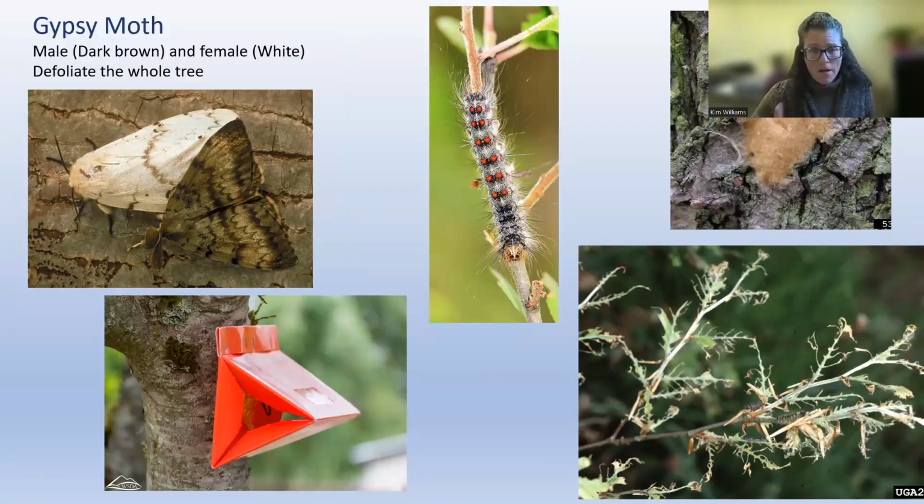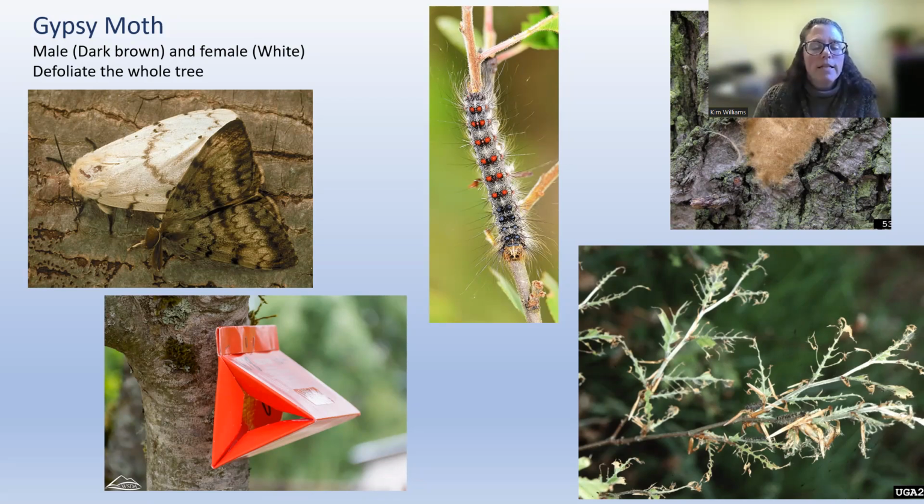But the gypsy moth is something we all want to be careful of. We all want to know what it is and what it looks like. Here are the moths on the top left. Really hard to spot, super camouflaged there. You have a male and a female. The female is white and the male is dark. And this is what the caterpillar looks like.